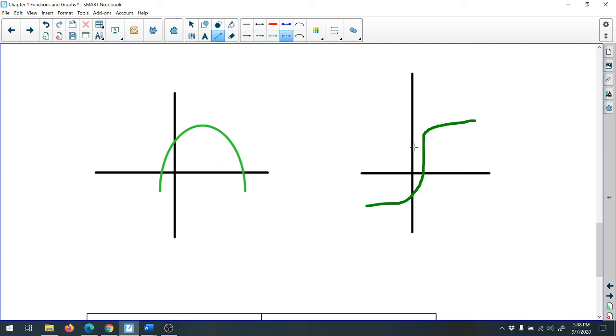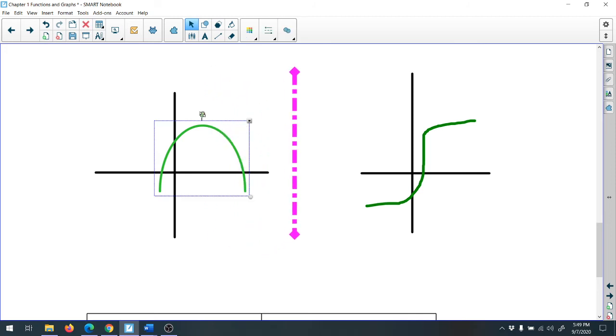If we draw a vertical line anywhere, you must see just one intersection, as you see, one intersection here, one intersection here, so this is a function. And here is the same, only one intersection every time. We call this the vertical line test.